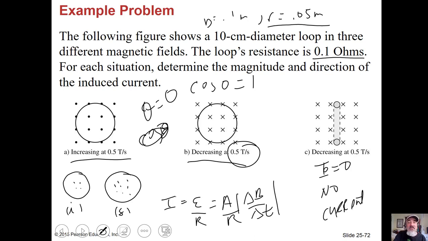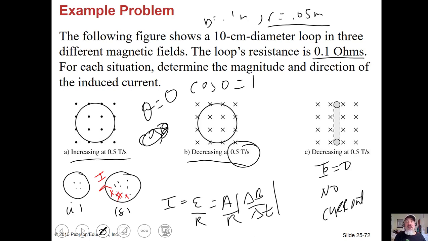To kill off the increase, we're going to have current that flows either counterclockwise or clockwise. Let's try counterclockwise first. If current were flowing this way, its magnetic field would be out at us. That's not killing it off, that's actually making it worse. So we'd have to have it flow this direction, and then its own magnetic field would be into the page, killing off the increase.